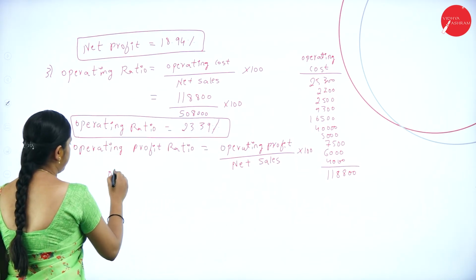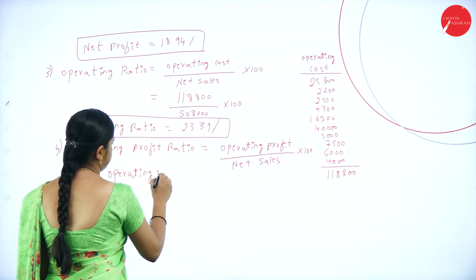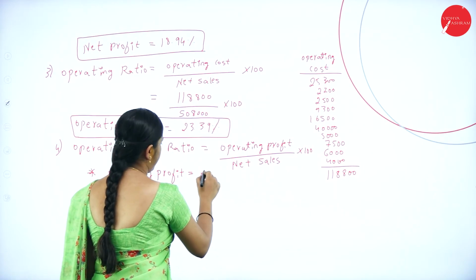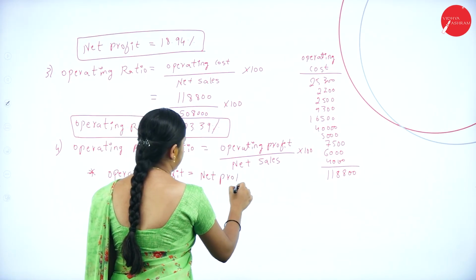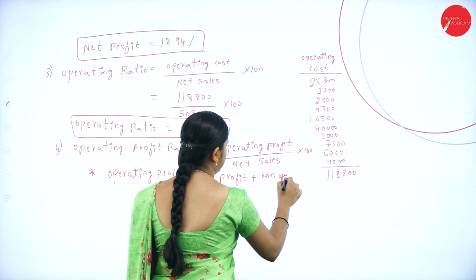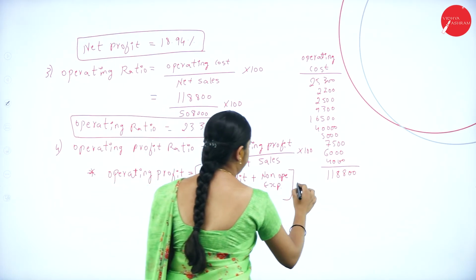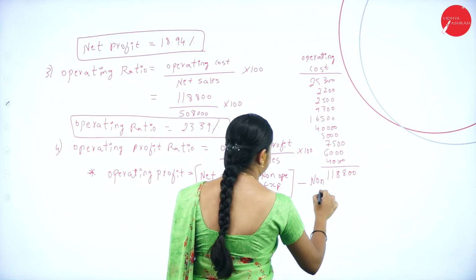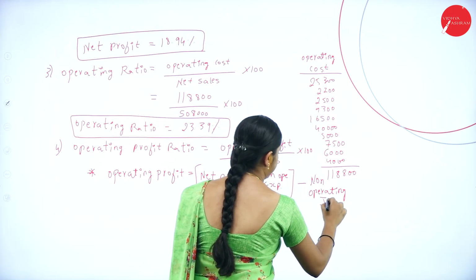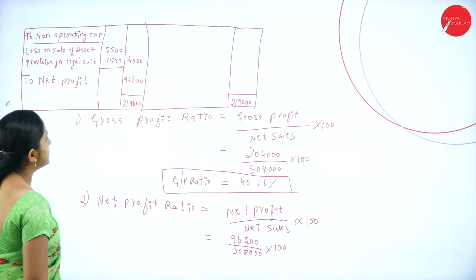To calculate operating profit: operating profit is equal to net profit plus non-operating expenses minus non-operating income.